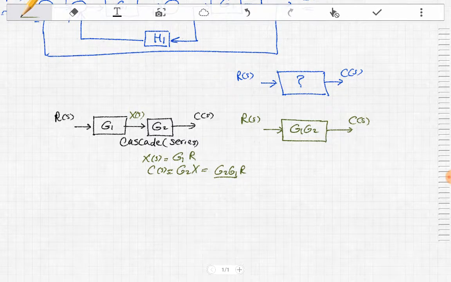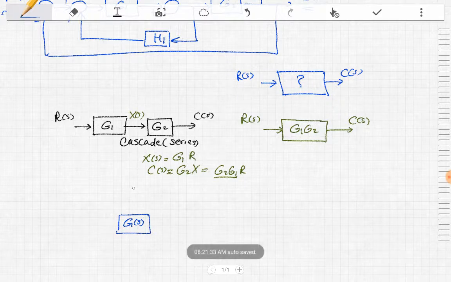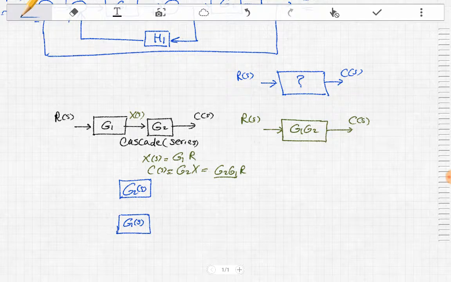Now let's look at combining block diagrams in parallel. What does that look like? You have, for example, G1(s) and G2(s), and the input R(s) is common to both blocks, meaning the input for G1 is the same as for G2.